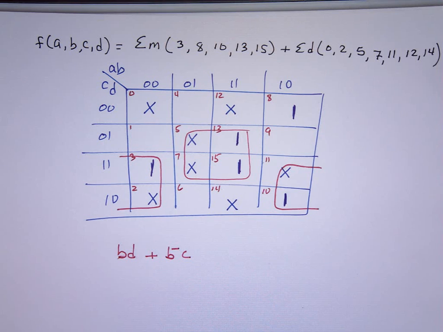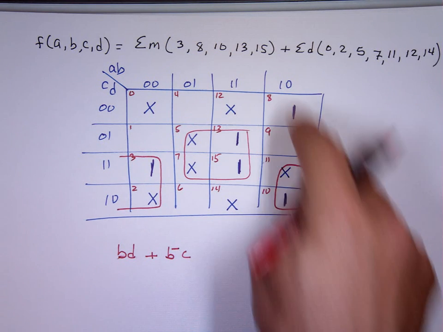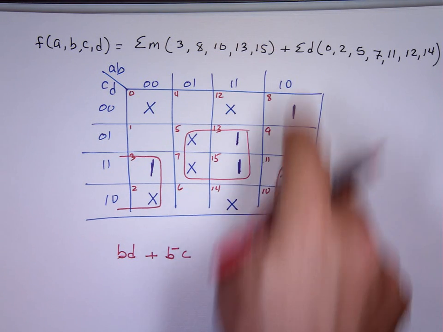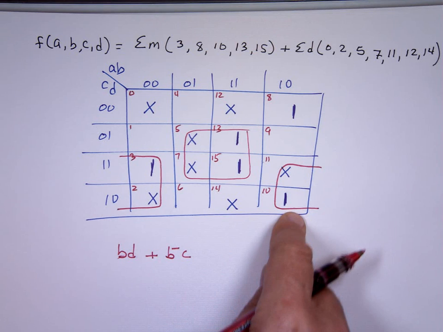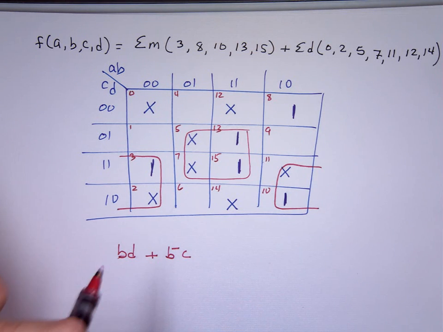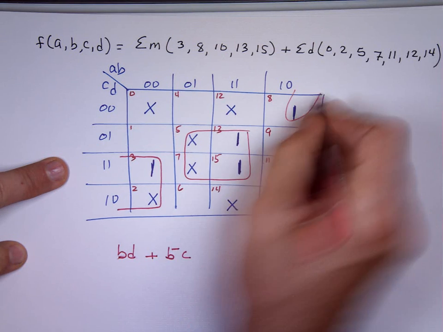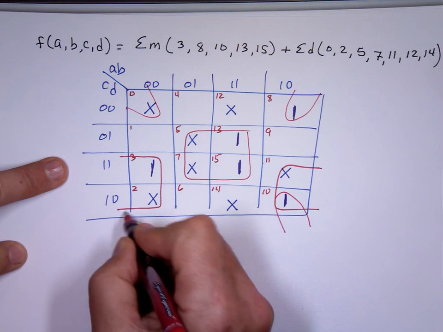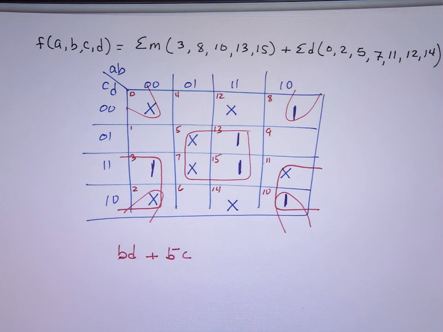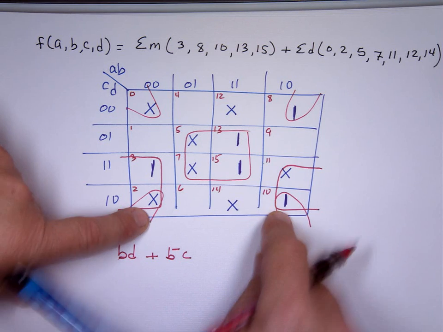We can do 10 and 8. Where's 10 and 8? Instead of groups of 4, we could do 3 and 11 and 10 and 8. You mean like this? No, not those. Oh, these 4 with these 2? No, just 2.